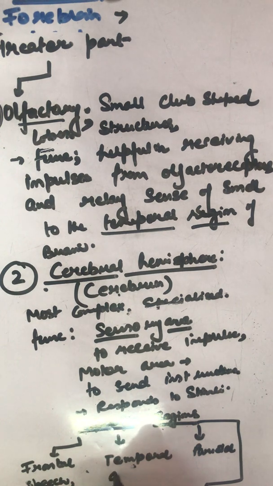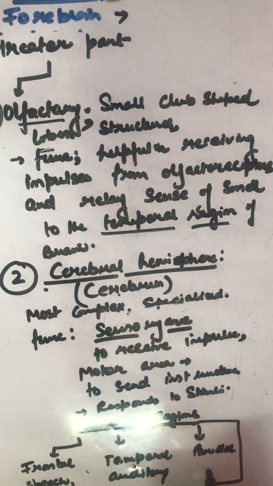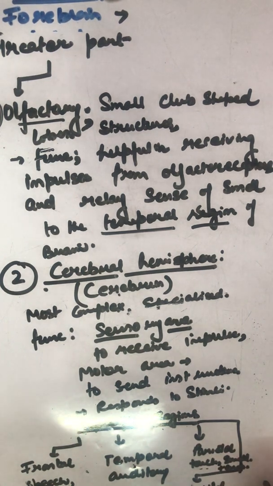Temporal, for auditory reception, that is whatever we hear, it is responsible for hearing. Occipital is for visual. And parietal for touch, smell, temperature, consciousness, for all these actions, right?